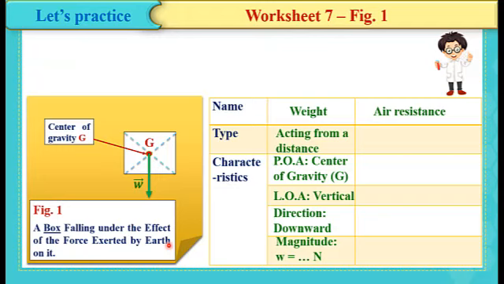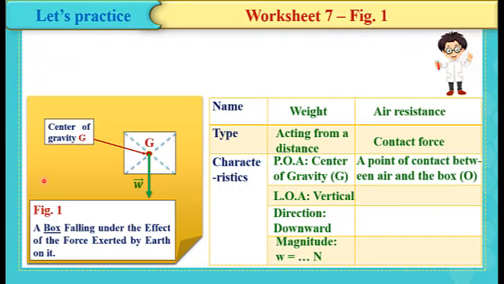First of all, air resistance is a force that acts upon contact. It's a contact force. So, the point of application of this force is the point of contact between the air and the box. We're going to name it O. The line of action of this force is vertical, and the direction opposes the direction of the motion of the object.